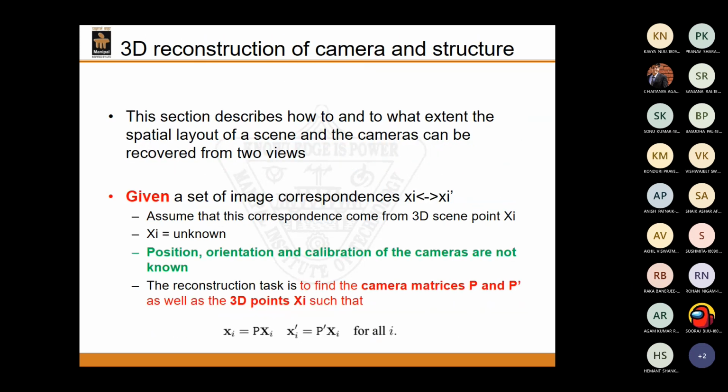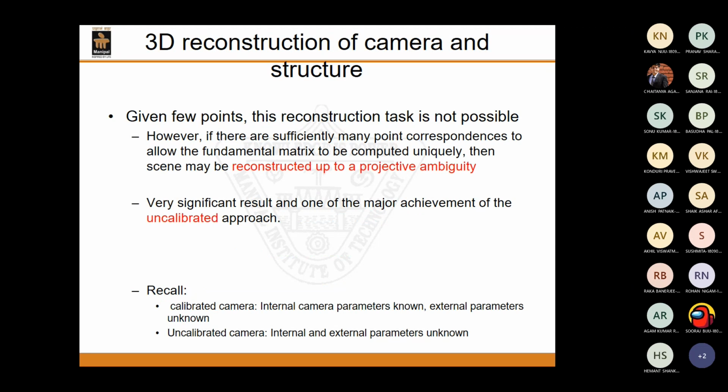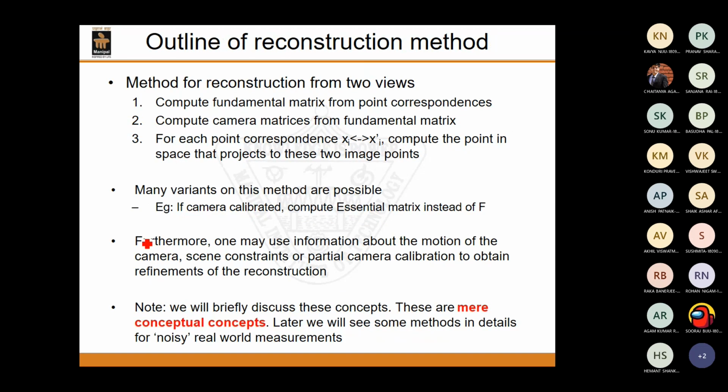Okay, so what we saw last class were the different basic steps in the reconstruction method. Let us say that the camera parameters are not known to us. Then how we can go about the reconstruction would be first to compute the fundamental matrix from the point correspondences.